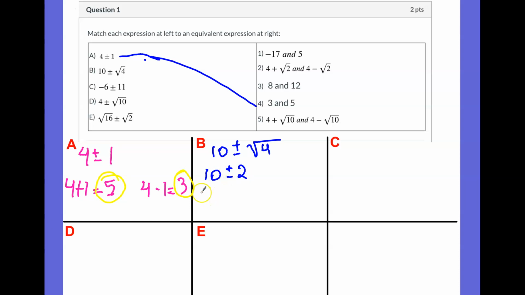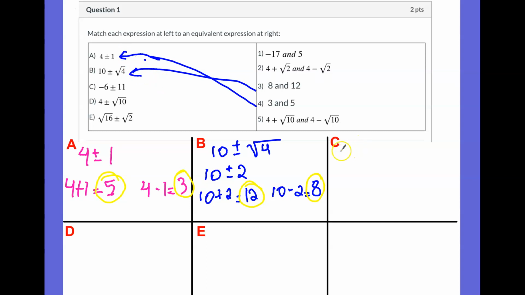So now I can do 10 plus 2 and 10 minus 2. 10 plus 2 equals 12. And 10 minus 2 equals 8. So let's see if we can find 12 and 8 on the right side. Yes, we can find 12 and 8. So this expression will match this expression.